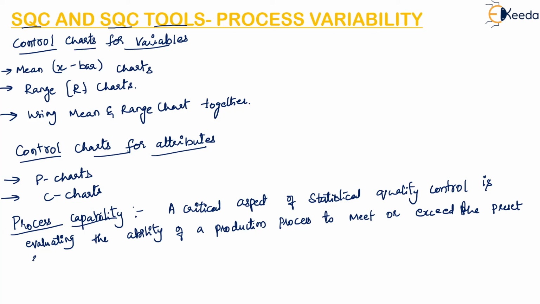There are specifications which are already set before the manufacturing. We are using a particular production process to produce this product, so we have to check whether this process is able to meet or exceed the preset specifications. This is called process capability.